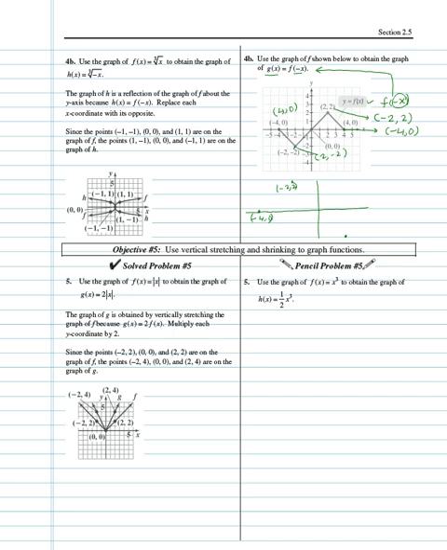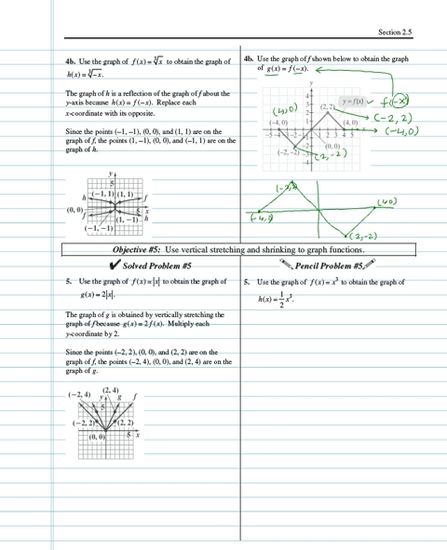And (-4, 0) becomes (4, 0). Let me name this: this is (2, -2). (4, 0) is somewhere here. So when I join these, my graph would be something like this. Alright.